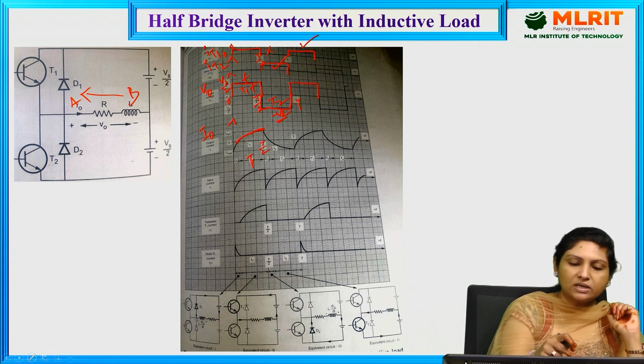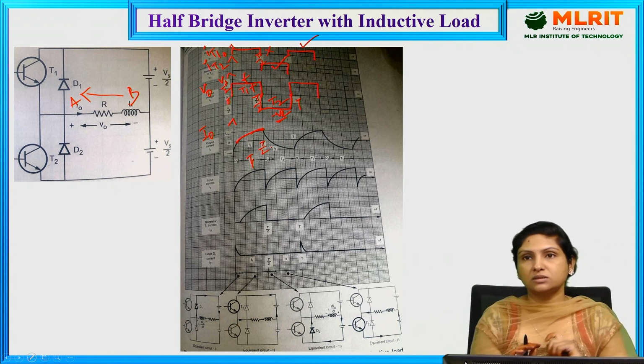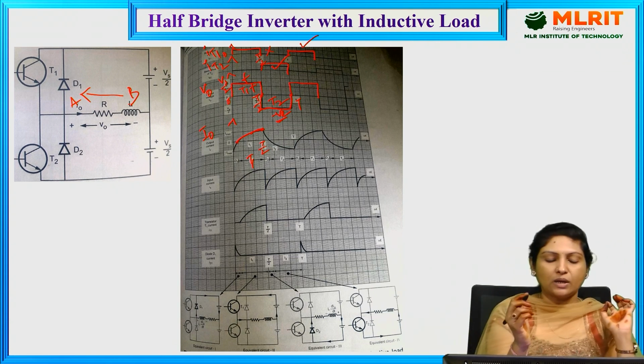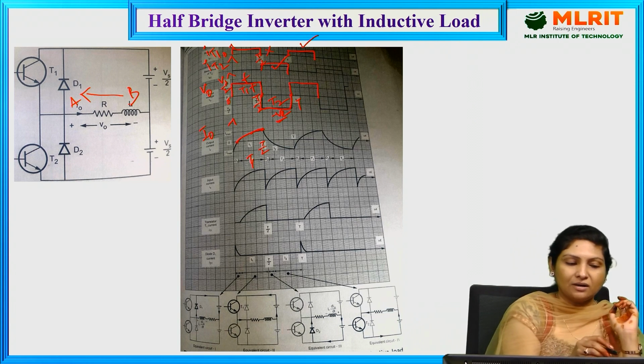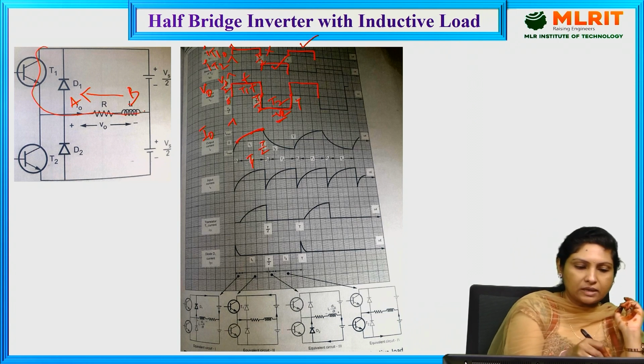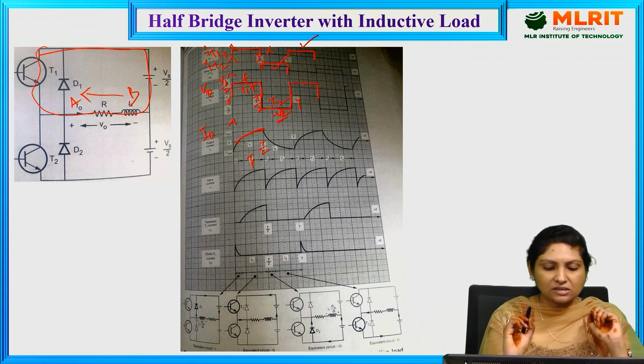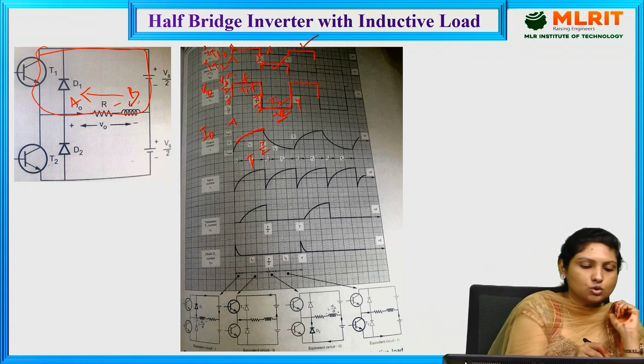And the moment it reaches T by 2, we have withdrawn the base drive for the transistor 1. So transistor 1 is turned off. But when transistor 1 was conducting, the inductor stored a certain amount of energy. That is the only reason it tries to maintain the current flow in the same direction.